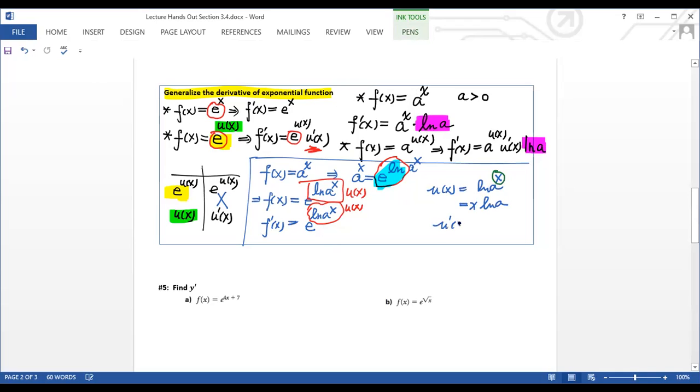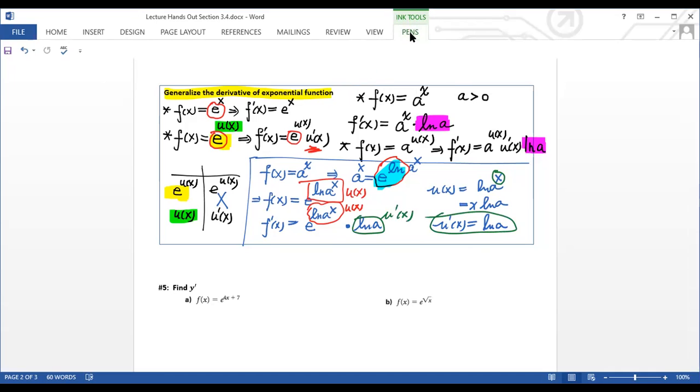Now you take u prime x. So what is u prime x will be the natural log a here. So now this one here will be times natural log a. So what is natural log a here? Natural log a, this is natural log a. So this is u prime x, right?